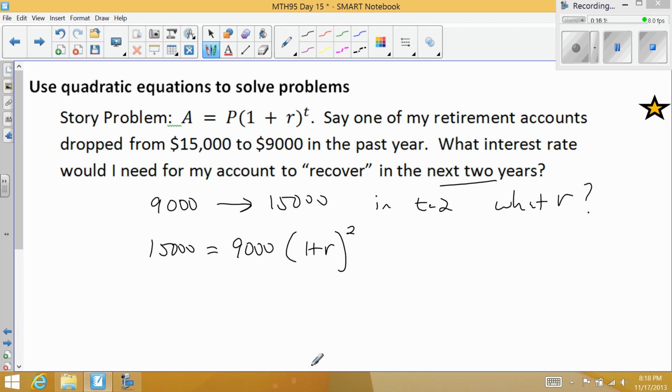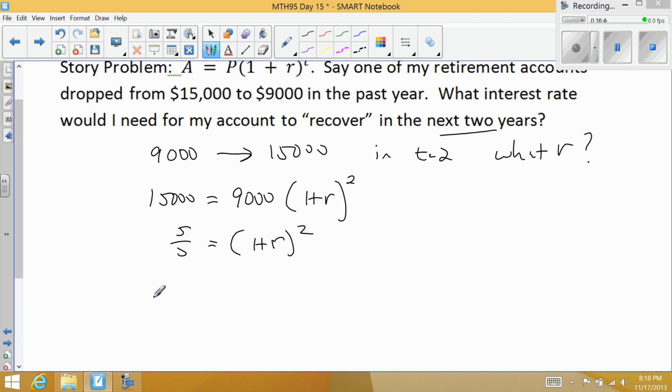So to solve, we are already in completed square format, but I do need to divide by the 9,000 before I square root both sides to get this side of the equation as one thing being squared. So dividing by 9,000 would give me, let's see, 15 over 9. That should simplify to 5/3. Now I'm ready to square root both sides.